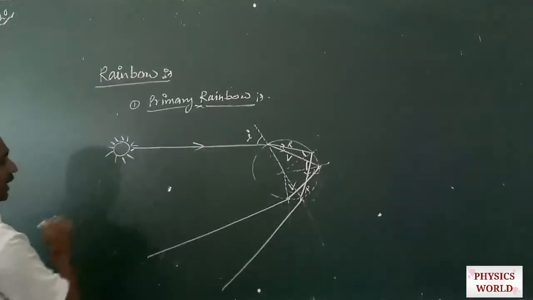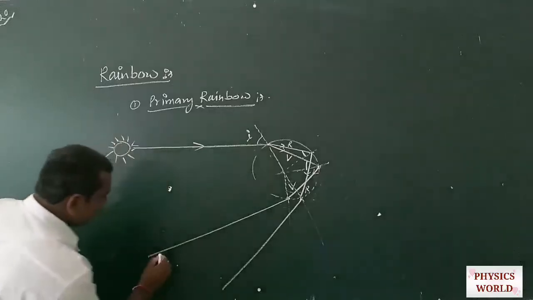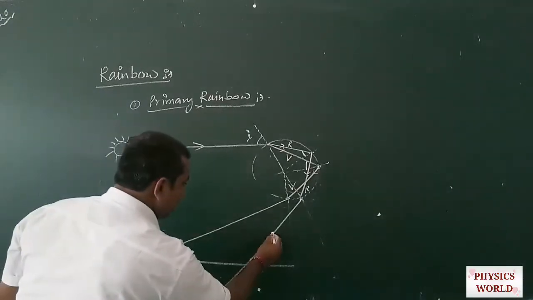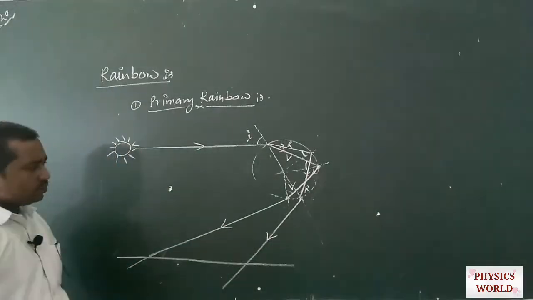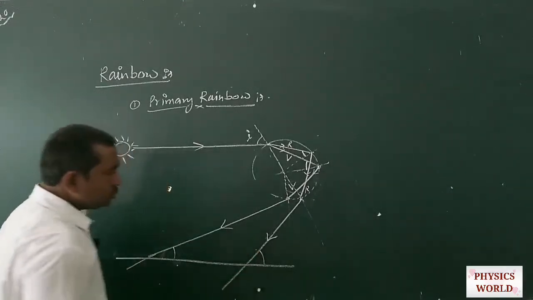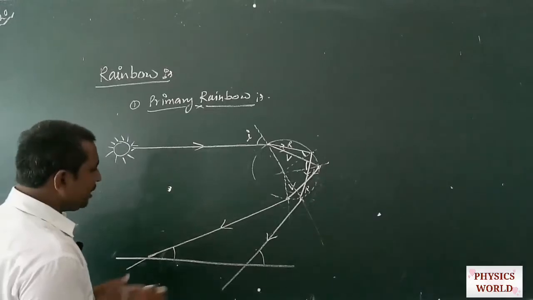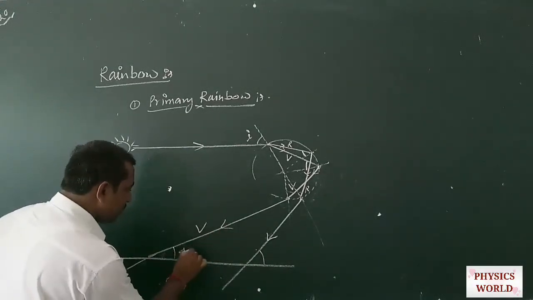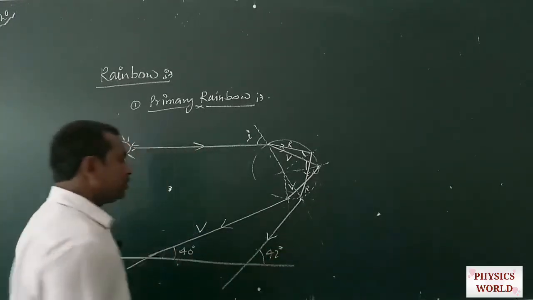If we draw a horizontal line that is perpendicular to the incident light ray, then it makes some angle with the emerging red color light ray and also with the violet. We see that this angle is smaller than that of this. If we take this angle by experimental measurement, we have found that for violet color it is 40 degrees and for red it is obtained as 42 degrees.